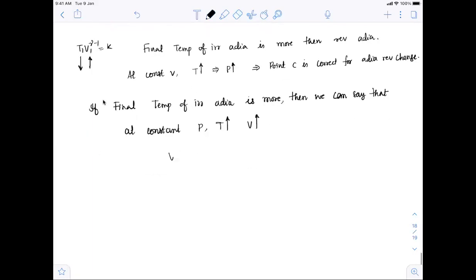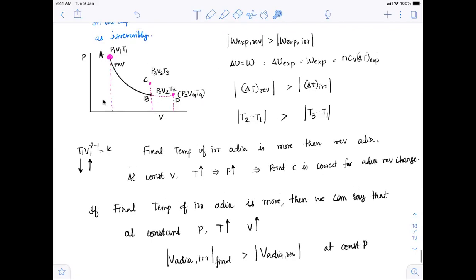So that's why we can say that the final volume of adiabatic irreversible form has to be greater than volume of adiabatic reversible change. But the condition is this is at constant pressure. That's why I took the point D here. I didn't take it on the left hand side.